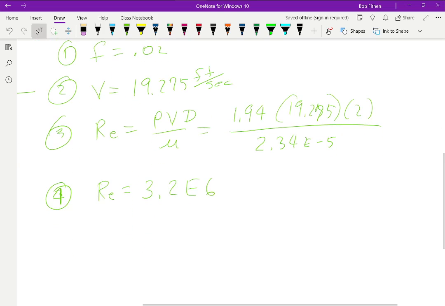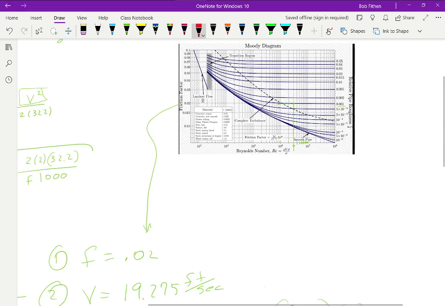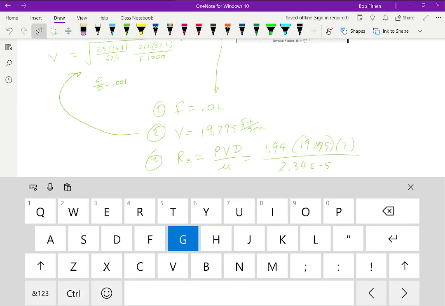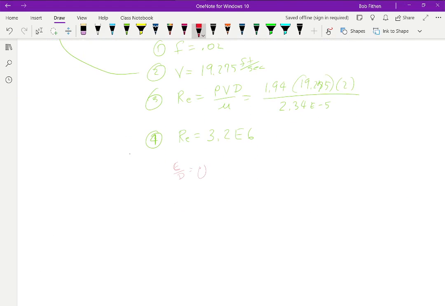Let's say for chance, just out of curiosity, what would happen if E over D was, say, smooth pipe equals 0. Smooth pipe. Now, this is not what the problem statement was given, but we're going to go on this.